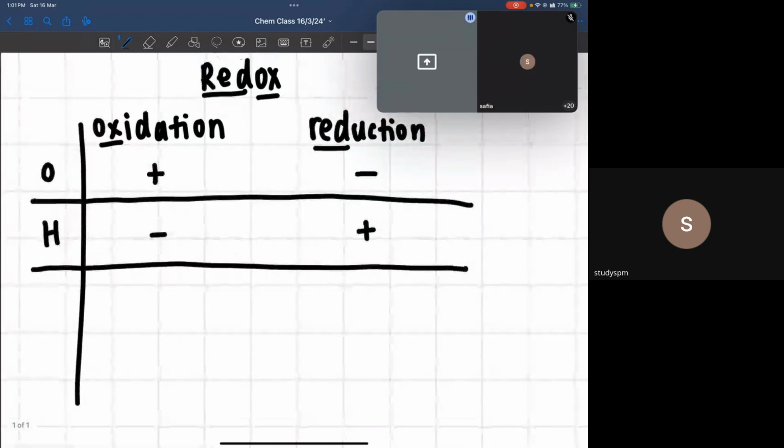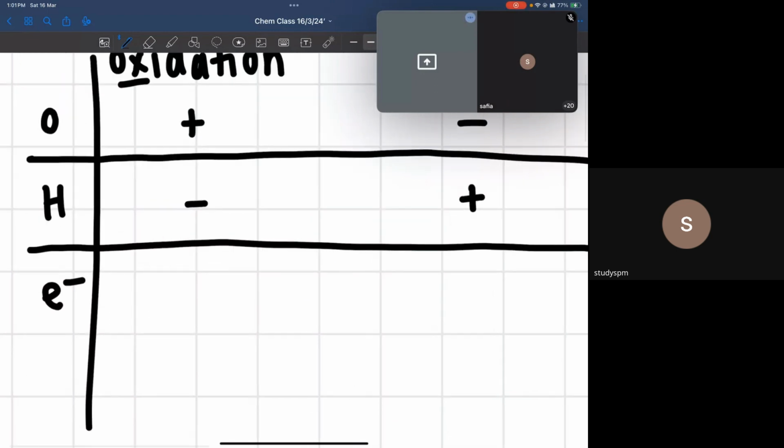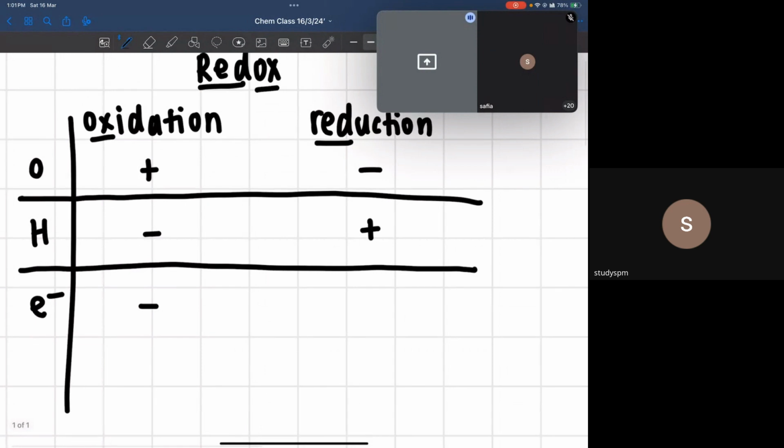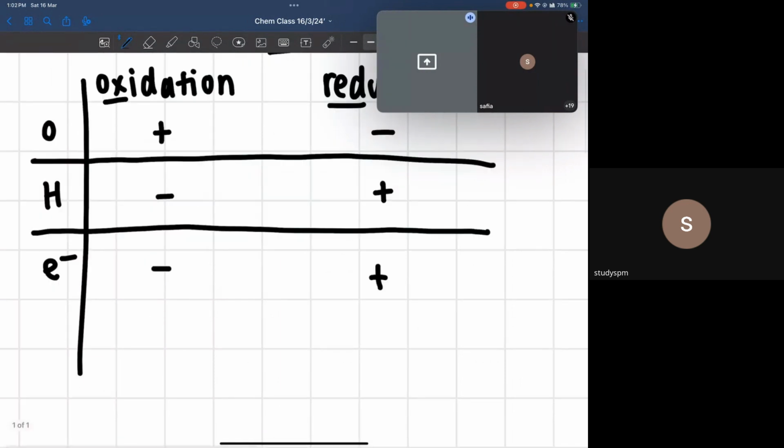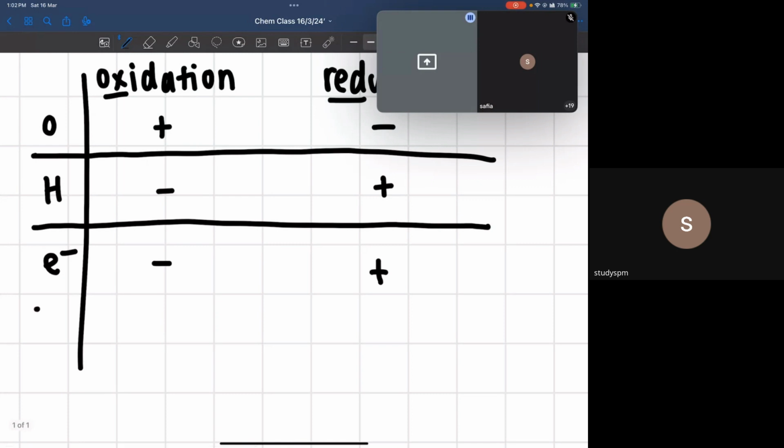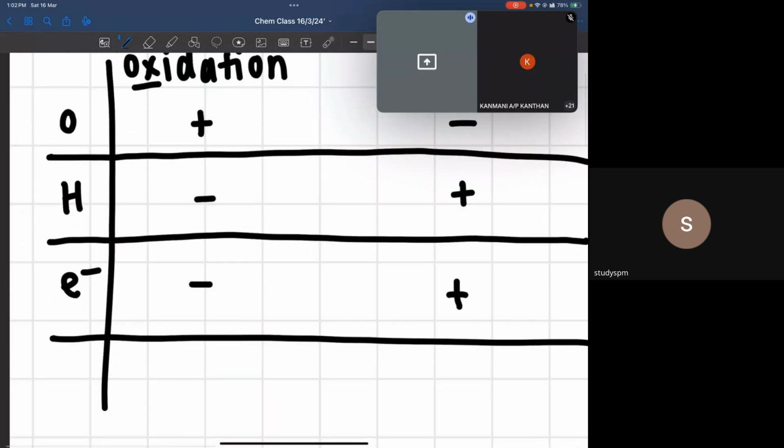So in terms of electron, it will donate, so lose electron. And then reduction is always gain electron.